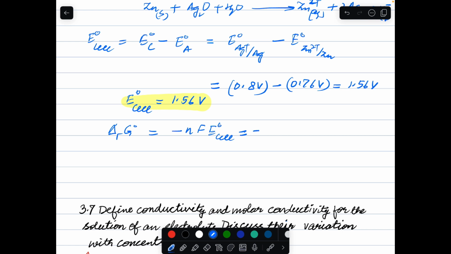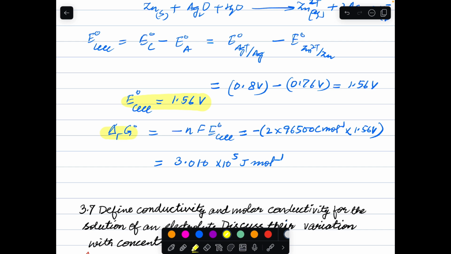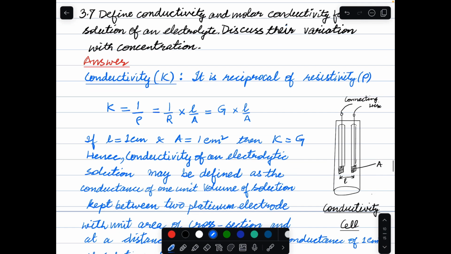So it will be minus 2 multiplied by 96500 coulombs per mole multiplied by 1.56 volt. So you will get the value as minus 3.010 into 10 raised to the power 5 joules per mole. This is our second answer. I hope it is clear. Come to the next question.